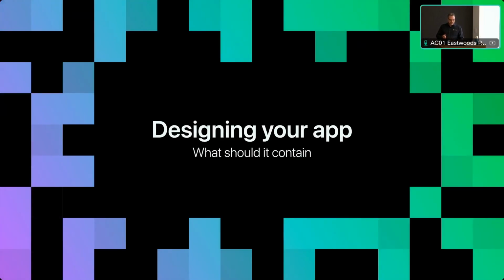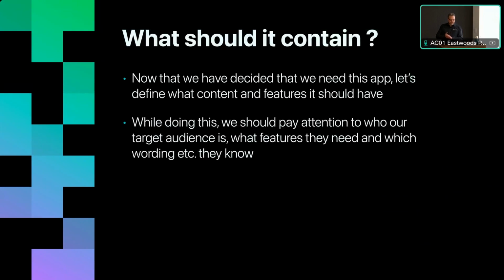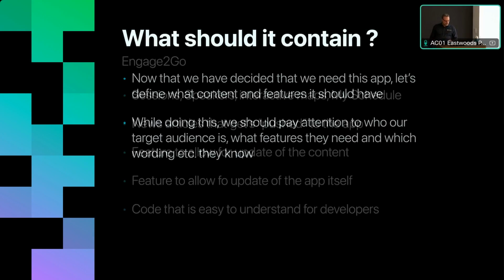Okay. So now that we have decided that we need an app, then we need to go into the details about what it should contain, and what it shouldn't contain. That discussion is just as important, about what we don't want to have here, because it will be going against the primary purpose and so on, right?